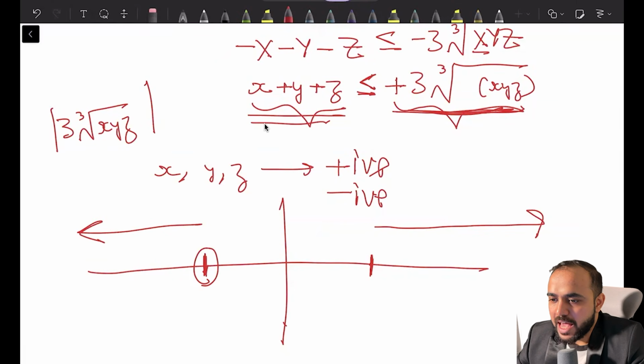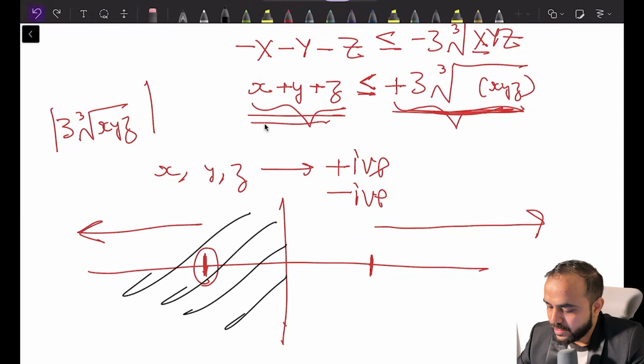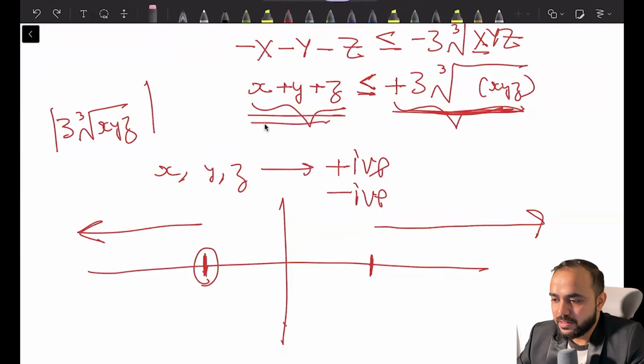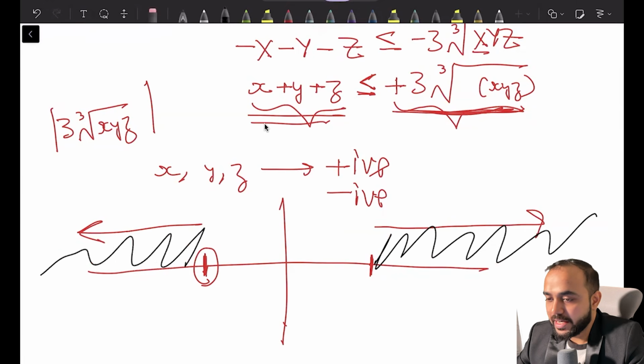If xyz are hard positive numbers, then there is no need of discussing this. However, if xyz can simultaneously be negative, then you will have a situation like this. You can either take these positive values or take these negative values.